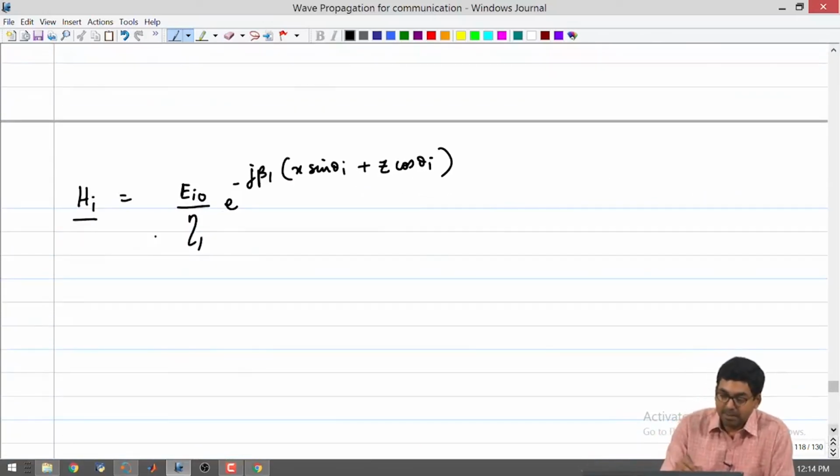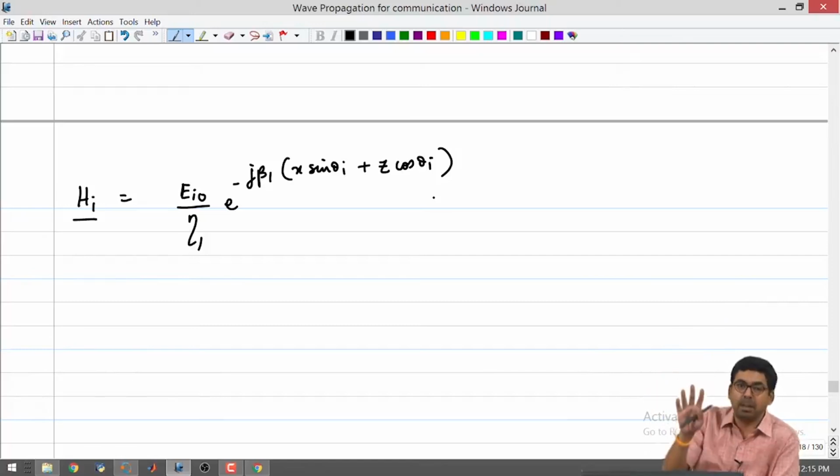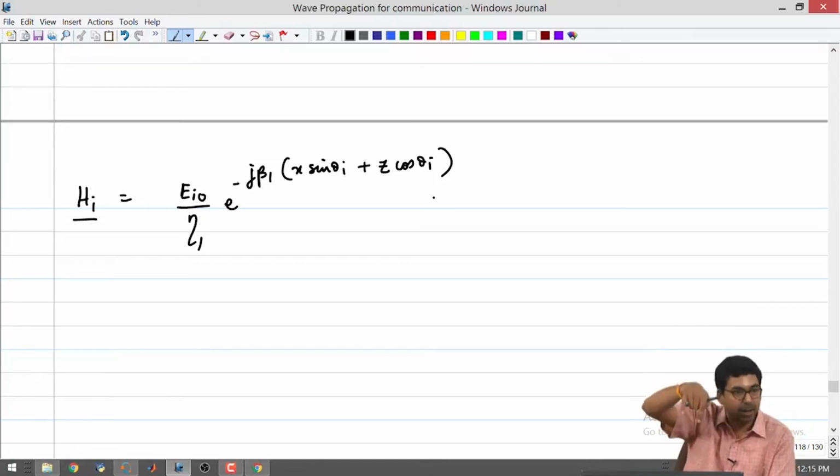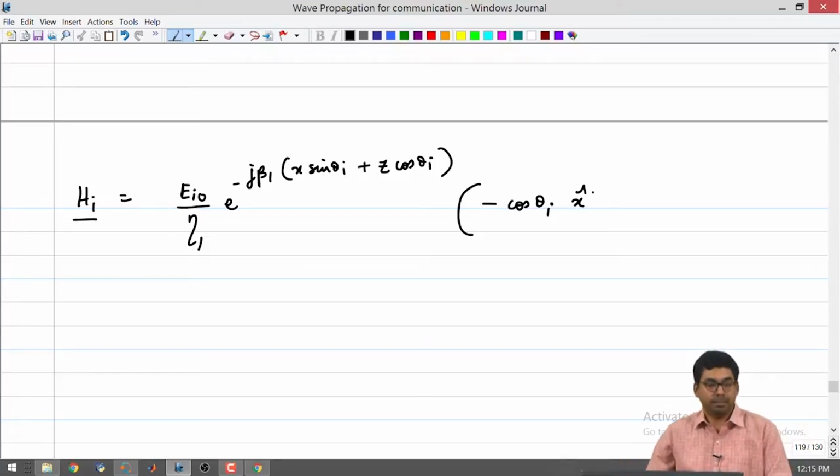So, now I have the general form, and I want to split this into an x and a z component. I saw that the projection of the vector on the x axis was going downwards, so I will have minus x hat times cos theta I, because it is pointing downwards. So, the x component is going to look like minus cos theta I x hat.